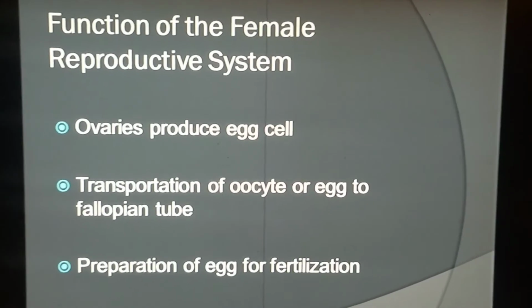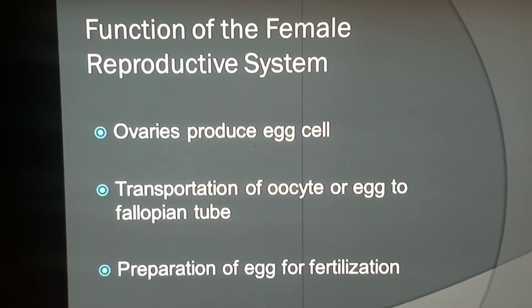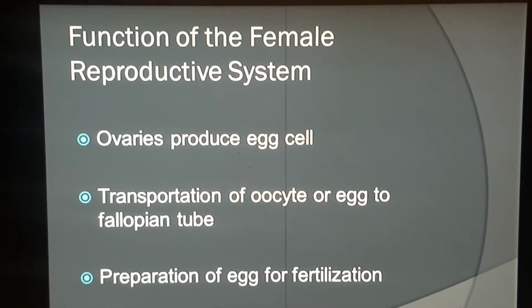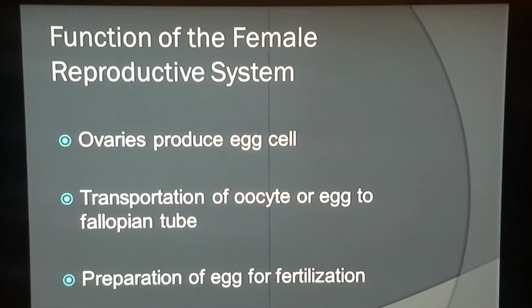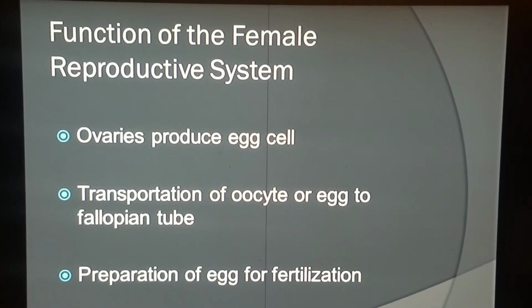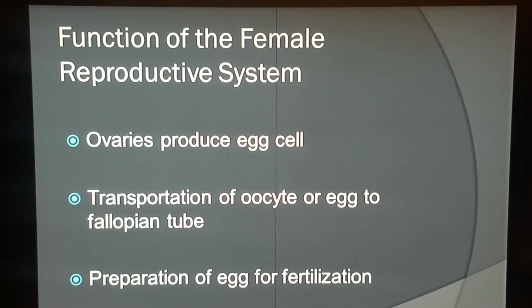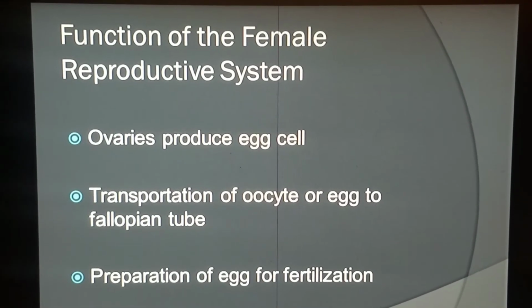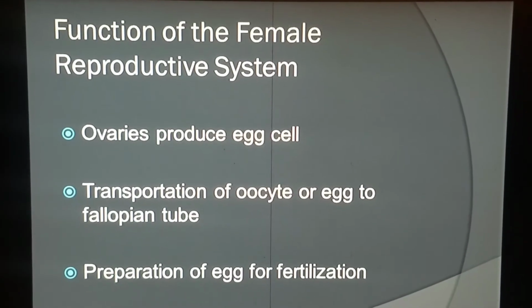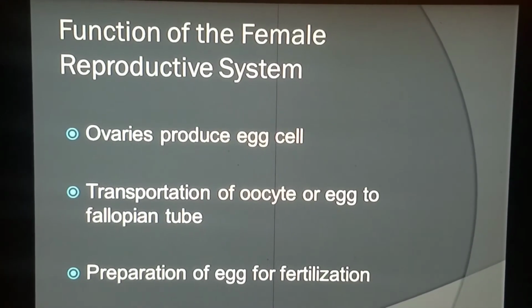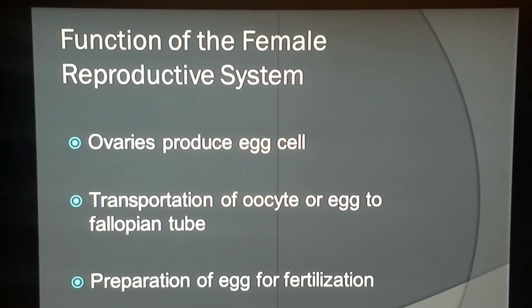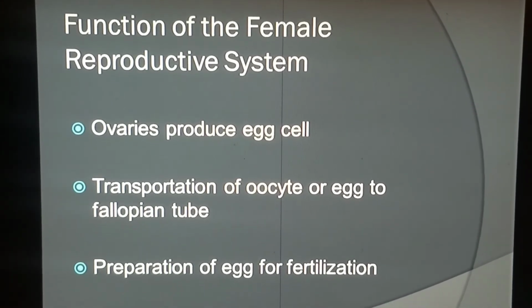It is waiting to be fertilized, and if it is not fertilized there, then it continues its journey until it reaches out of the body. Another thing that the reproductive system is responsible for is the preparation of that egg for fertilization, because the egg is not released until it is mature.